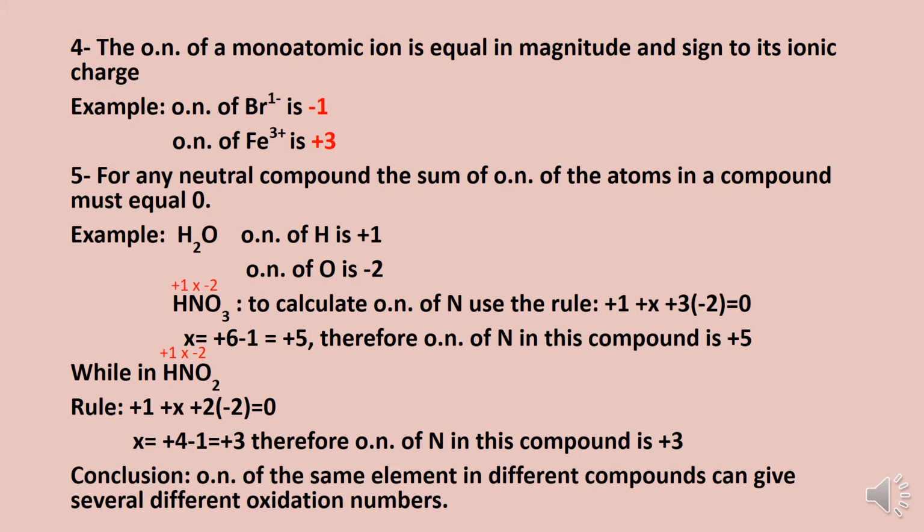Add these two oxidation numbers: +1 times 2, because we have two hydrogen atoms, so it will be +2, and for oxygen, -2. Add these, +2 -2, it will be equal to 0.